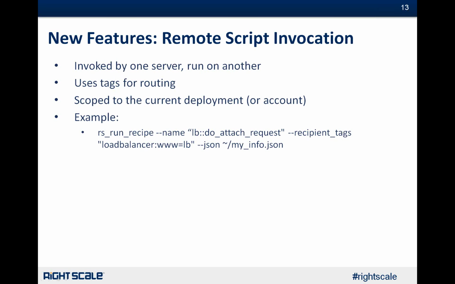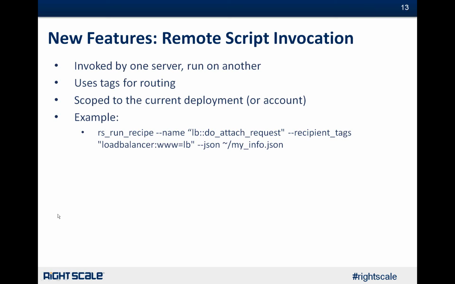It's really powerful in the context of the next feature, remote script invocation. What this does is it allows one server in your cluster to actually request that the RightScale platform run a script on a different server. So this is really a coordination feature, for coordinating actions within a cluster of servers.